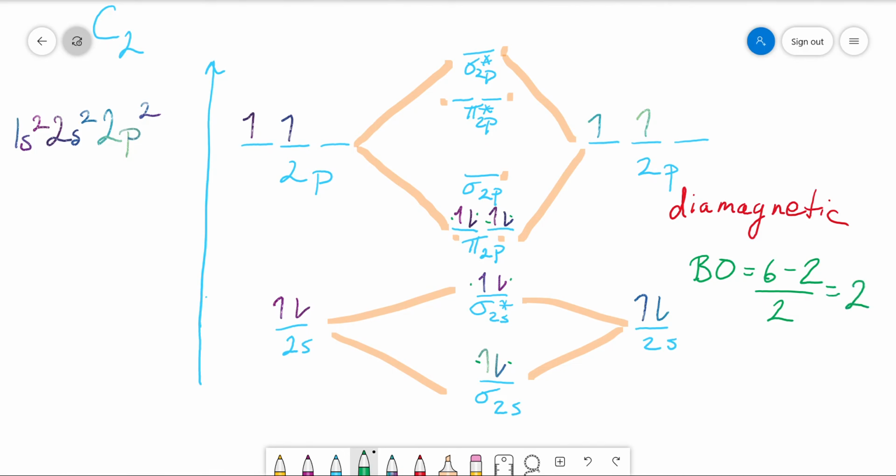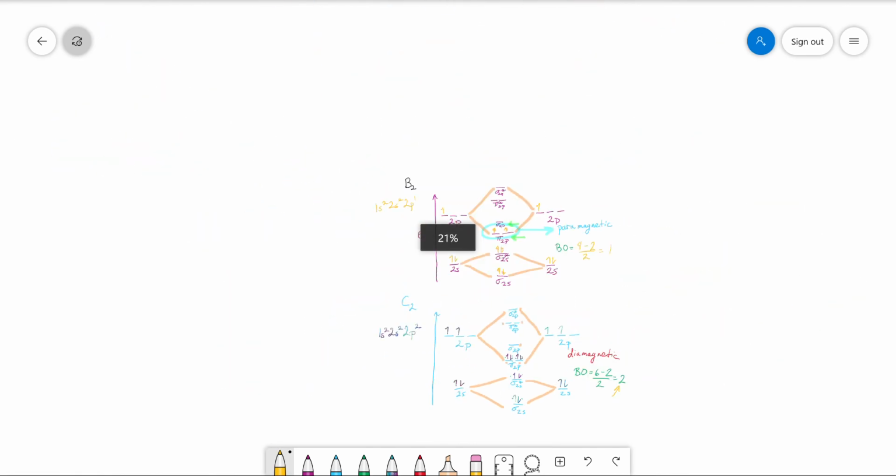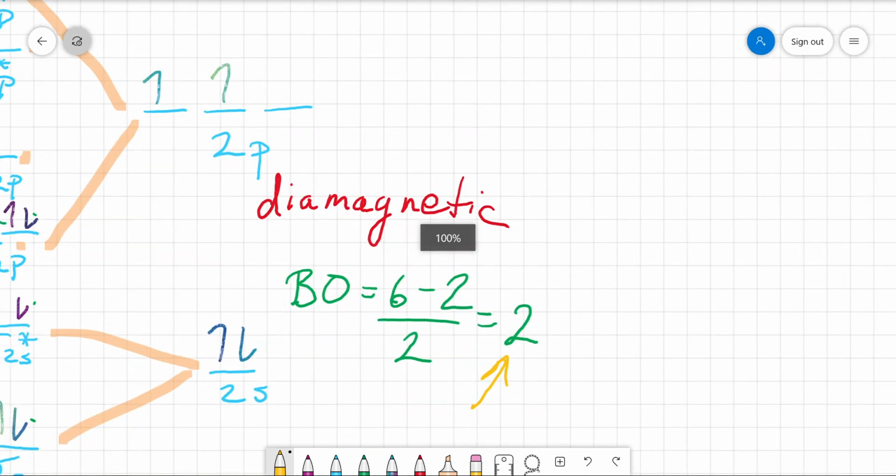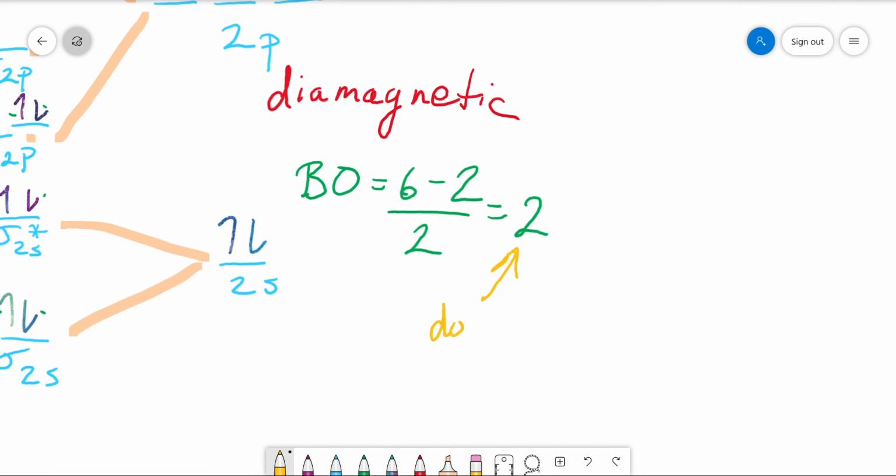So if we have a sample of carbon, do we have diatomic carbon? Absolutely. And what kind of bond does it have? It has a double bond. Okay, next video we'll finish out molecular orbitals.